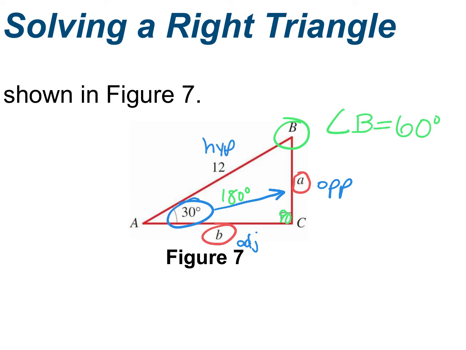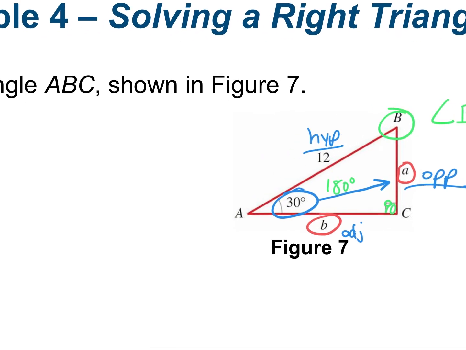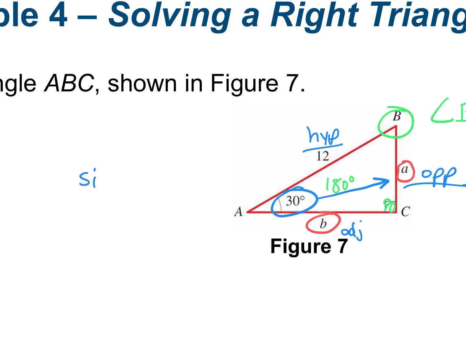So if I wanted to use the hypotenuse and 30 to find the length of side A, what trig function would I use? Opposite and hypotenuse: sine. So I could say the sine of 30 equals the opposite side, which I don't know, over 12.